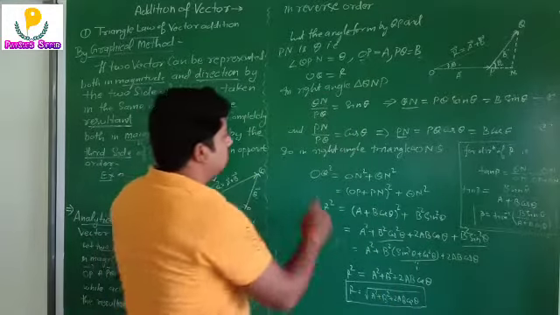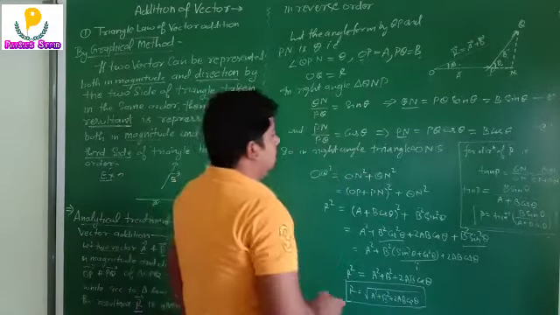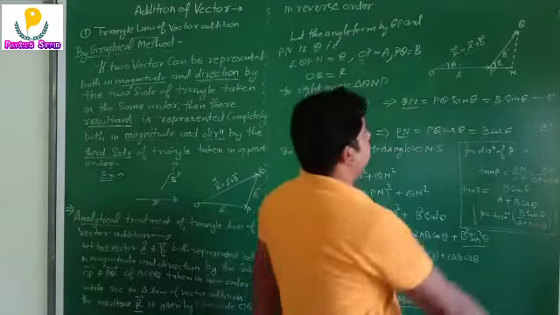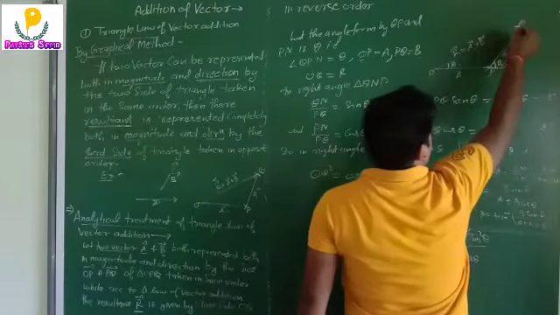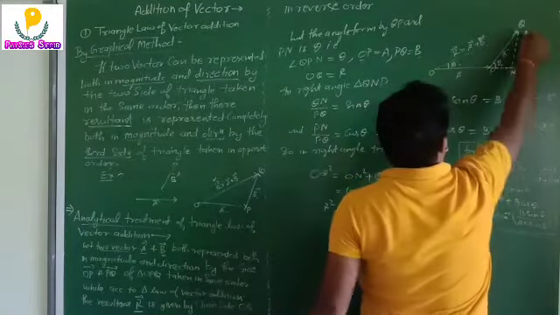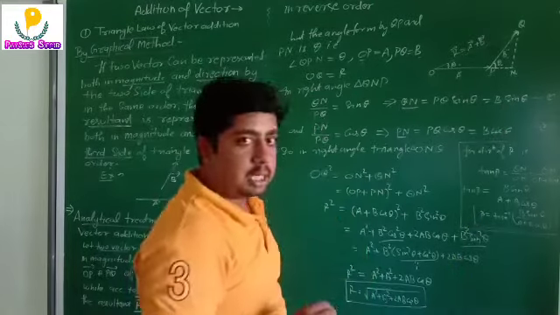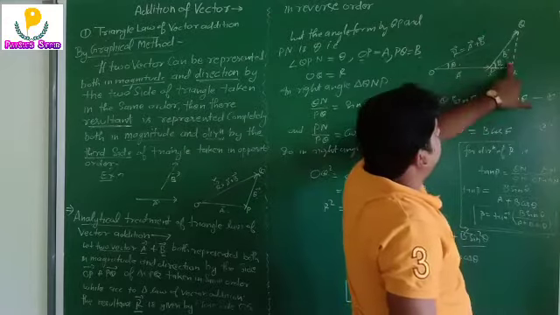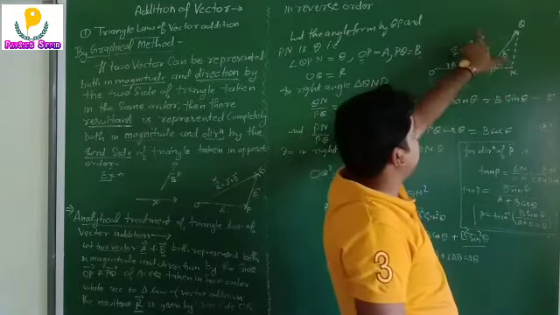Okay. Now, in the right angle triangle OQN, meaning this large triangle QNO, we have OQ in front of the right angle, so this is the hypotenuse.